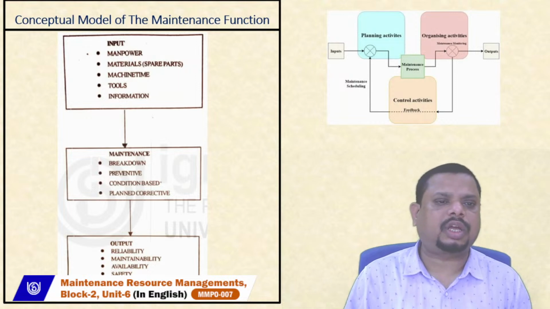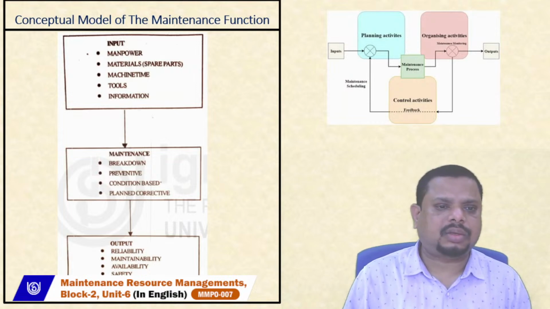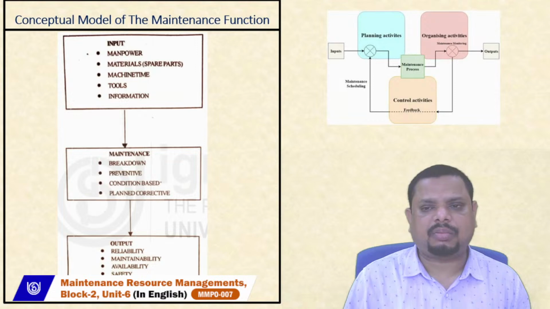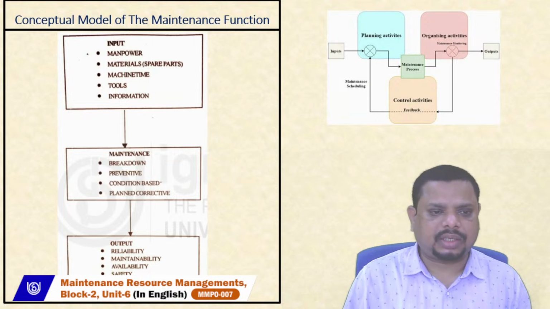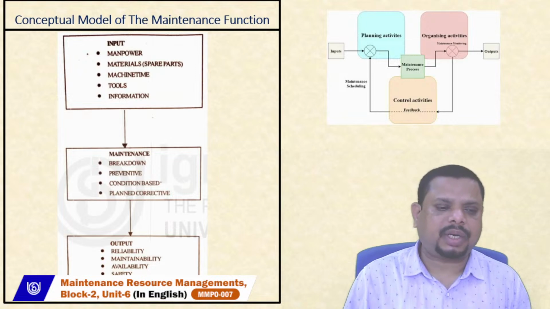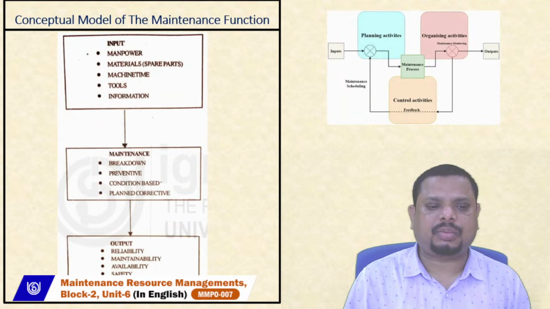Under input we have manpower, material in the form of spare parts, machine time, tools, and a large amount of information related to machines and materials. The inputs are directly fed towards the maintenance. Under the maintenance, they will focus upon these four categories: breakdown maintenance, predictive and preventive maintenance, condition-based maintenance, then planned correctives. These four are the most important aspects of your maintenance.